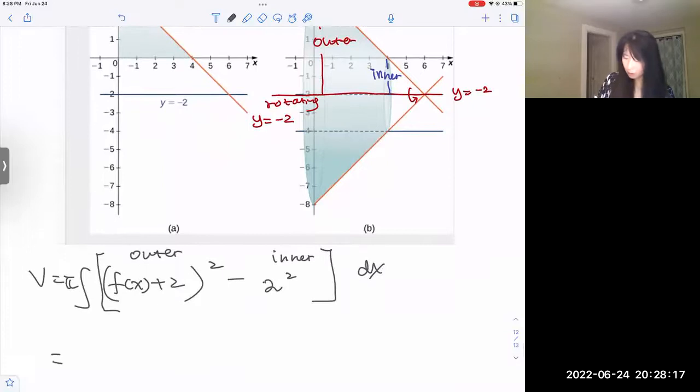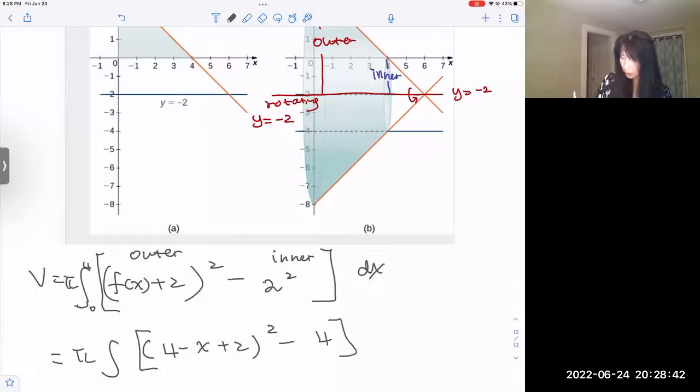Okay, then pi from 0 to 4, then f of x, which is 4 minus x, plus 2, squared, minus 4, dx, okay?